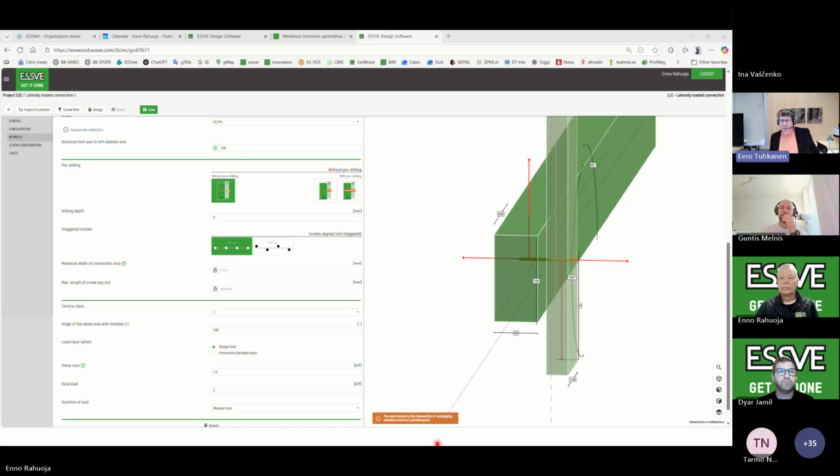They are already making the annex, or how it's called. And in ESSVE we have already started to compare the H distance and the S distance between the old one and the new one.